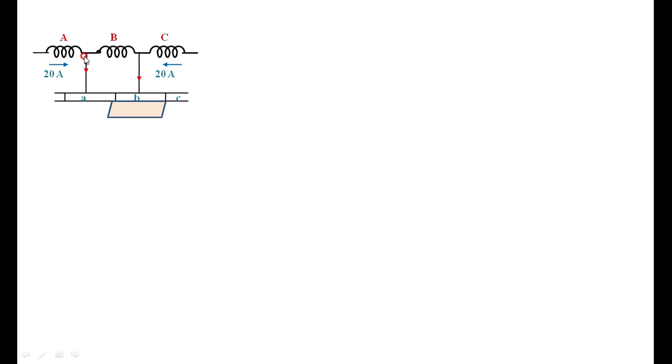Even though there is a current path here, there is no exit path from commutator segment A. Therefore, this 20 amperes has to go through coil B and enter commutator segment B, then go to the brush. So the 20 amperes flows through B, as well as the 20 from C collected by commutator segment B. Then the total current is 40 amperes.